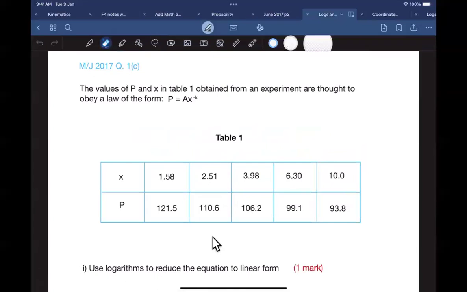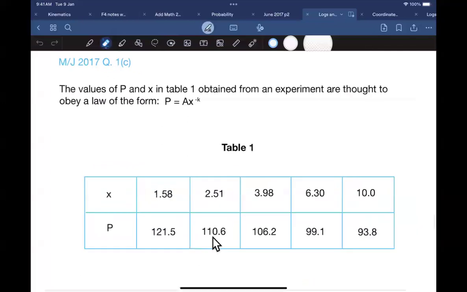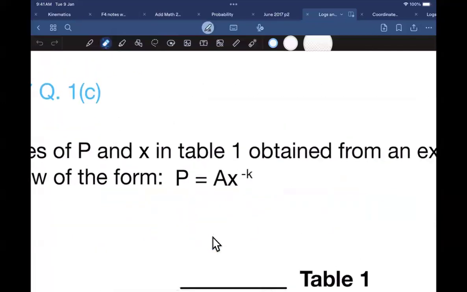The values of p and x in the table obtained from an experiment are thought to obey the law of the form p equals a x to the power of minus k.